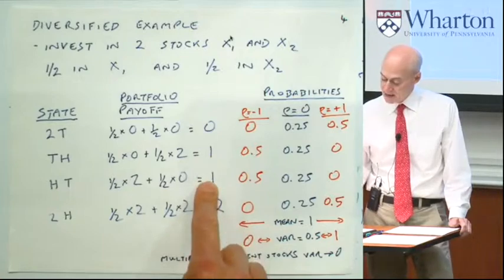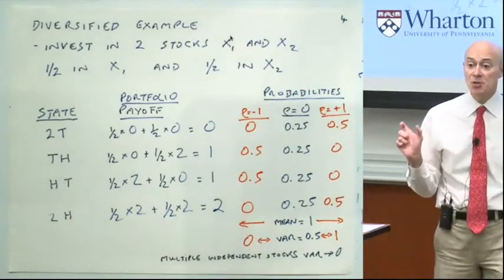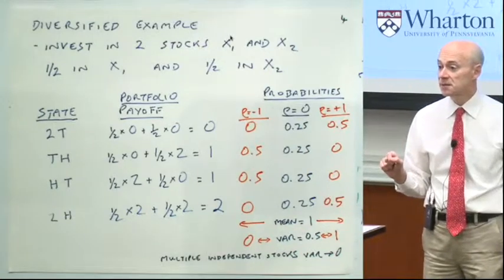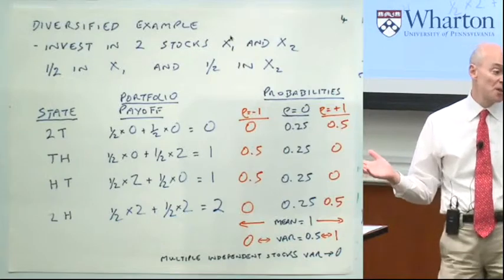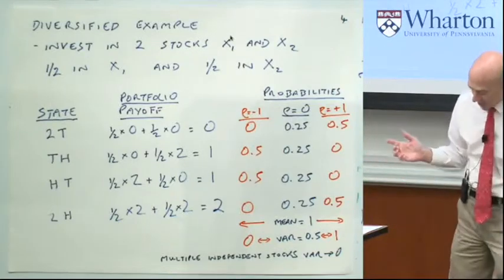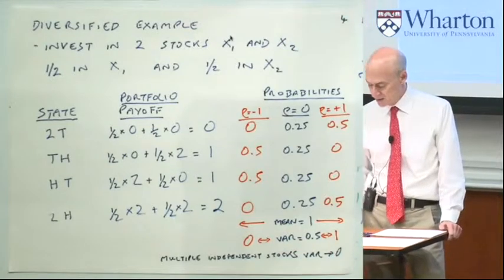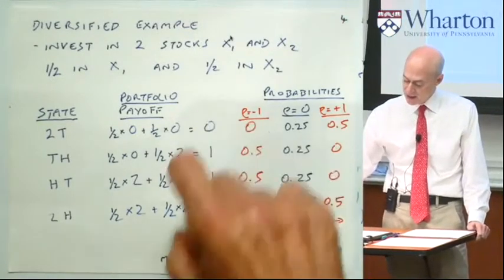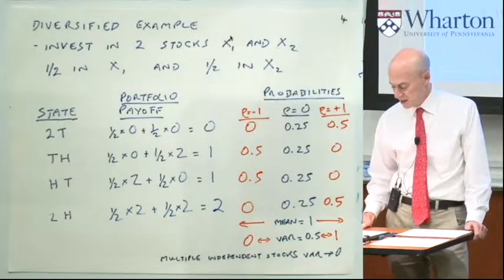So in these states, the tail-head and the head-tail, you're at the mean. So what's the contribution to the variance? 0. There's no deviation from the mean, and so no contribution to the variance. So all you're left with is these two states, which have a deviation of 1 and minus 1 from the mean.